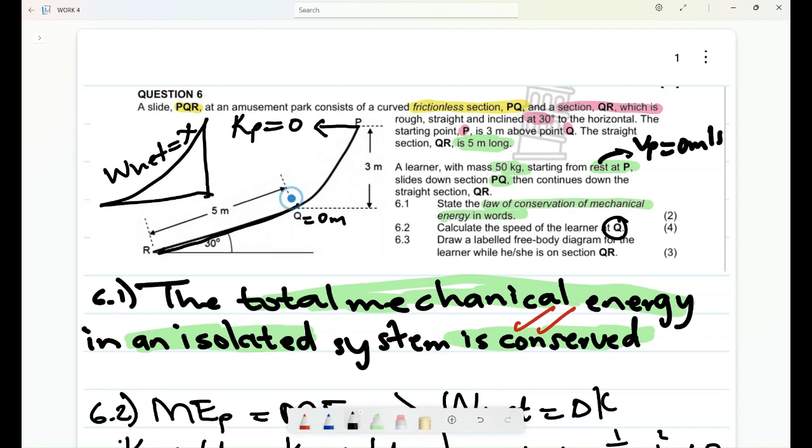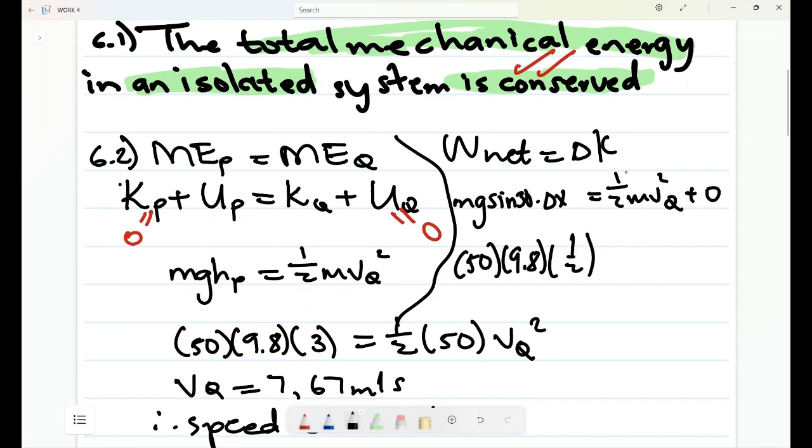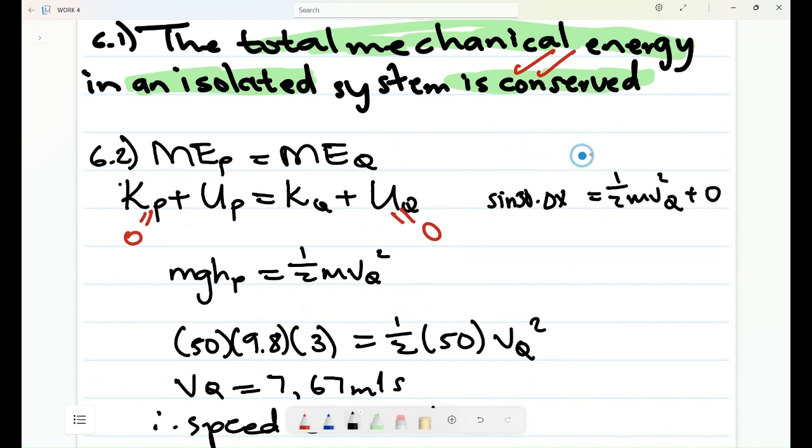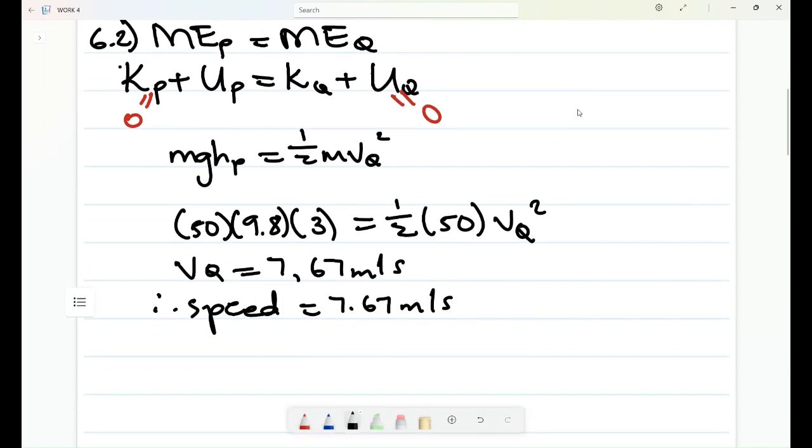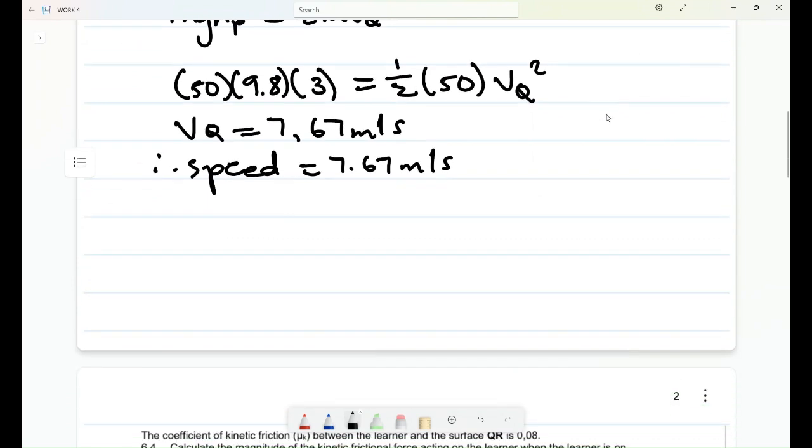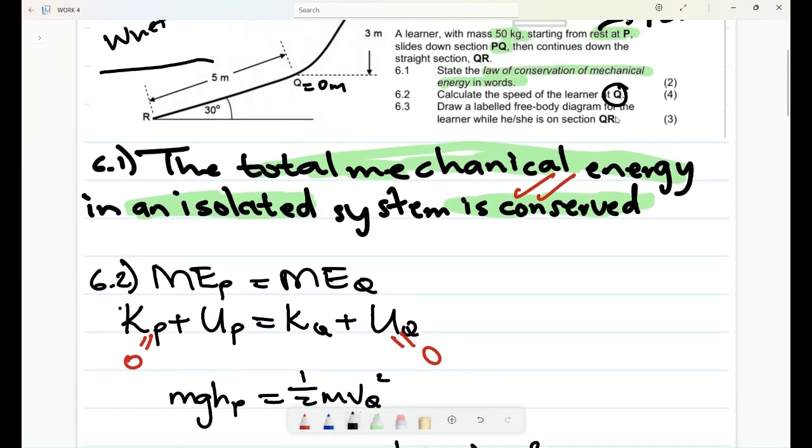It is straight, so we can use WNet there because we can calculate change in x. I believe you now see why I used conservation of mechanical energy. For this one, there is no other alternative answer.